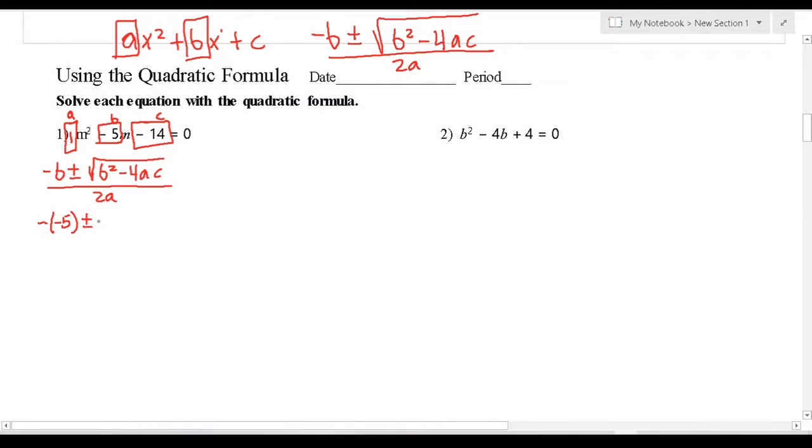Of course, that's plus or minus b squared. Again, b is negative 5, so that's negative 5 squared minus 4. Again, we said a was 1, and c is negative 14. And again, all this is over 2 times a, which is the same as 2 times 1. Okay, with everything plugged in, we can start solving this.